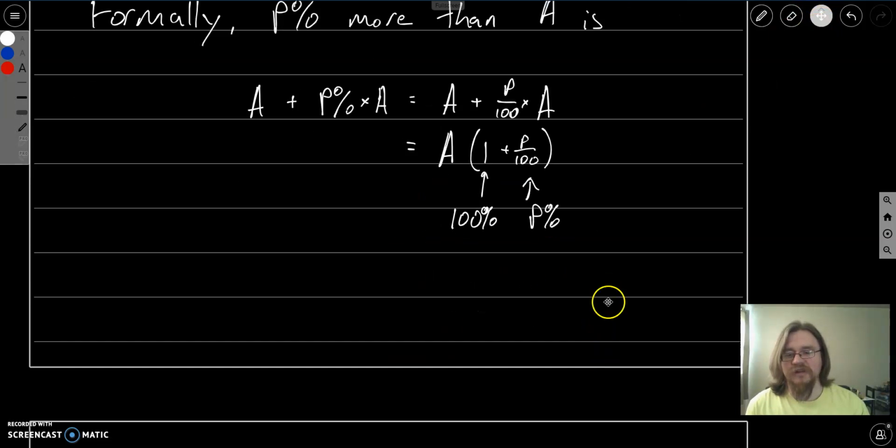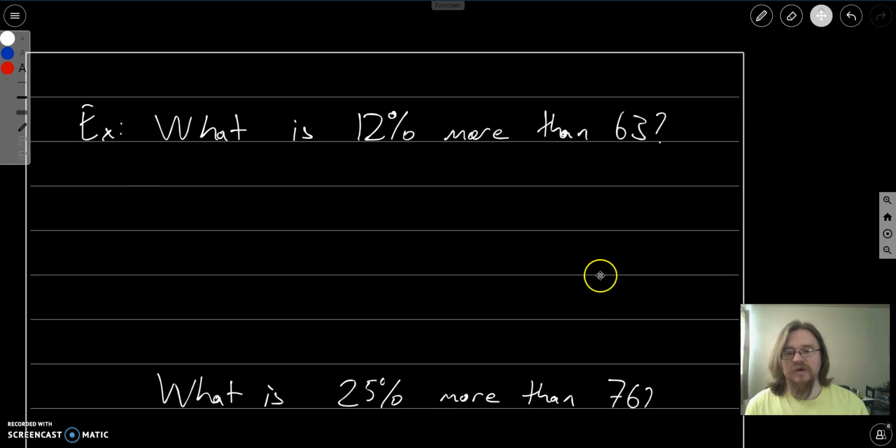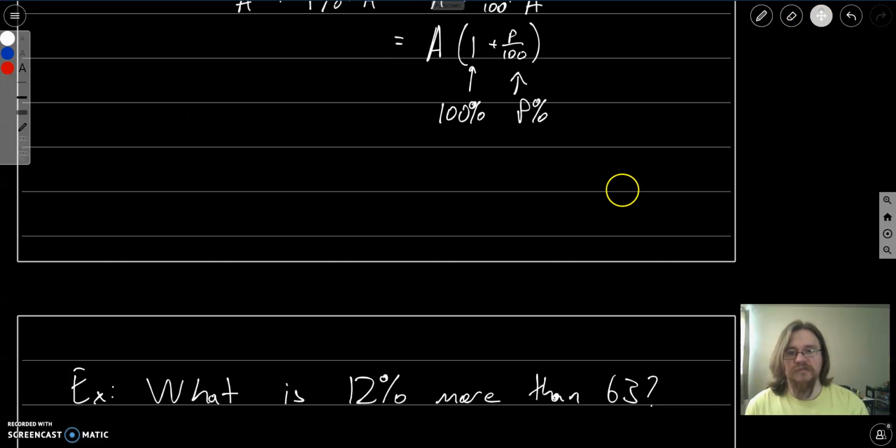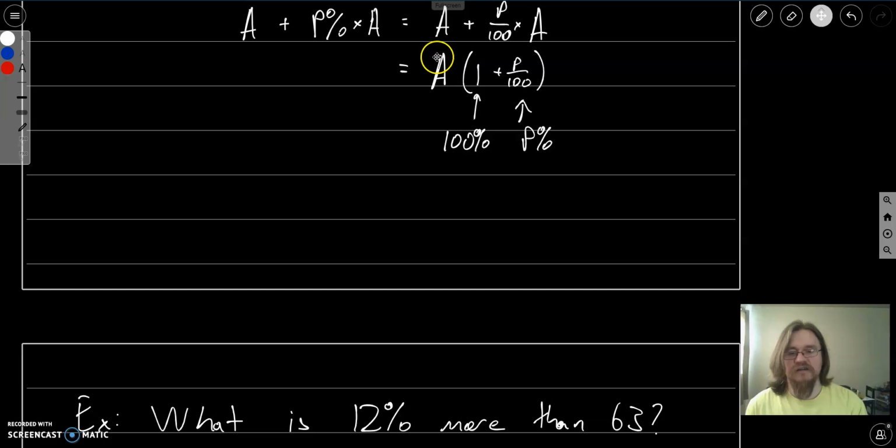Let's use this formula. What is 12% more than 63? So again, if we come back up to our formula, a here is the number that we're increasing.